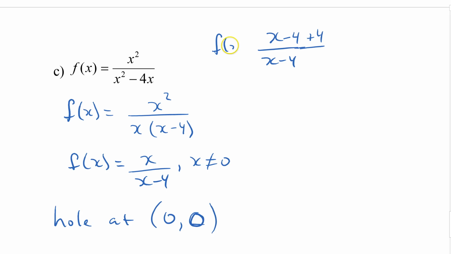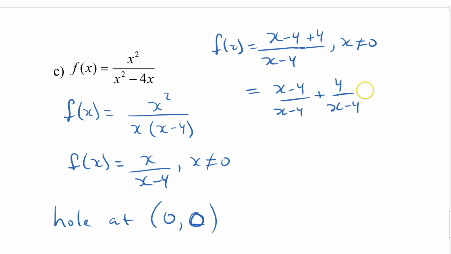So f of x is equal to that, and I'll add my x cannot be equal to 0. So I usually write this as x minus 4 over x minus 4 plus 4 over x minus 4. Do you see what I did there from that line? This line over here, I just separated that 4, and still x cannot be equal to 0.